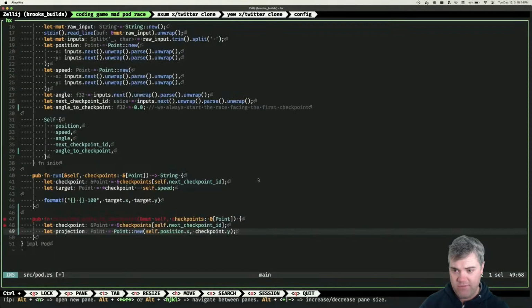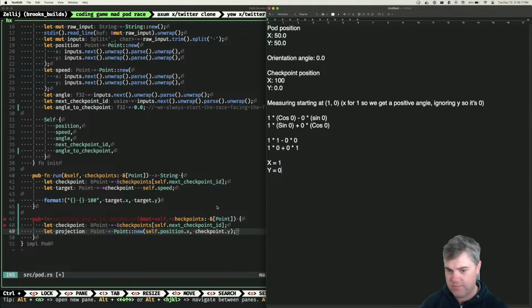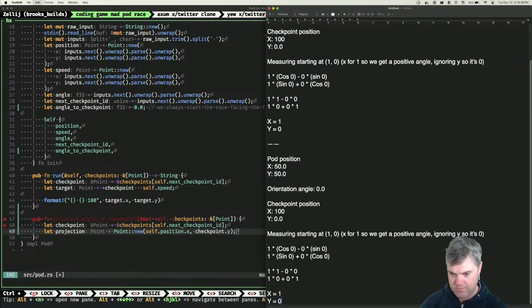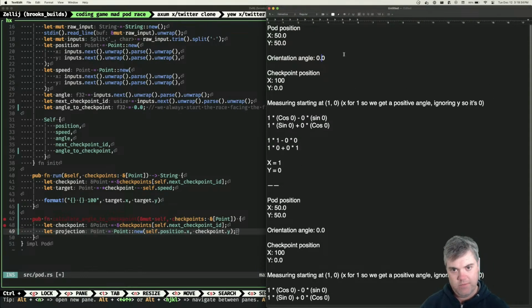So if I do 45 degrees, orientation angle 45. We still start measuring at 1. So we do that 1 times cosine of 45, sine of 45. So these become 45s in here.